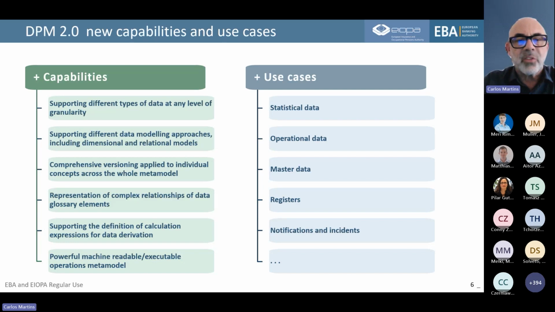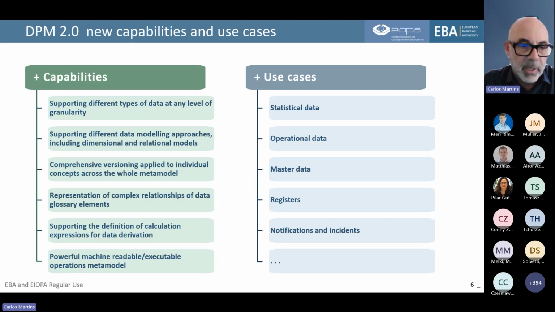The versioning is now applied everywhere in the model. Complex relationships of data glossary elements are also a new feature. It supports calculations and expressions in a much better way, and especially calculations to allow data derivation, which did not exist before.